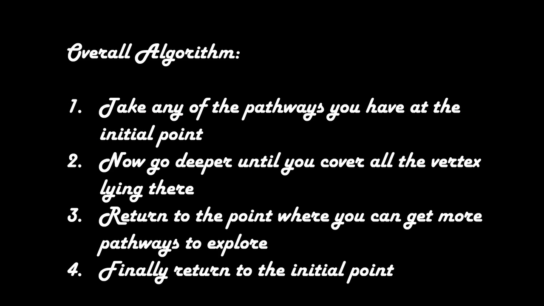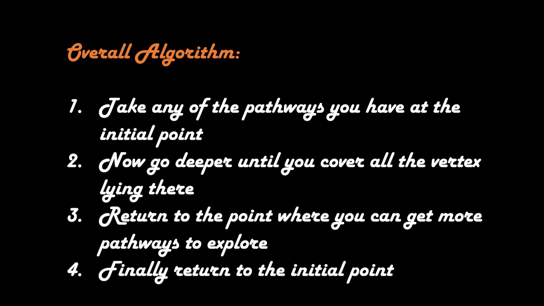So overall the algorithm could be easily said as: take any of the pathways you have at the initial point, choose any of those. There can be many branches originating from the initial point, but you're free to choose any of those. Now go deeper until you cover all the vertices lying in that particular branch, and then return to the point where you can get more pathways to explore.